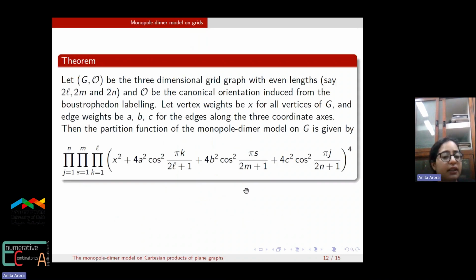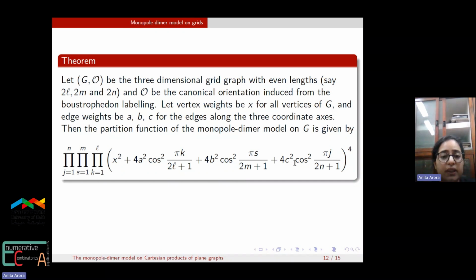If we consider the three-dimensional grid graph with even lengths, and the orientation is coming from the labeling, that is, an edge is directed from a lower labeled vertex to a higher labeled vertex, and assume that all the vertex weights are x, and A, B, C are the edge weights for the edges pointing in the x direction, y direction and z direction respectively. Then the partition function comes out to be this product.